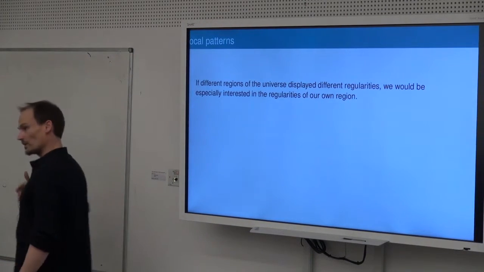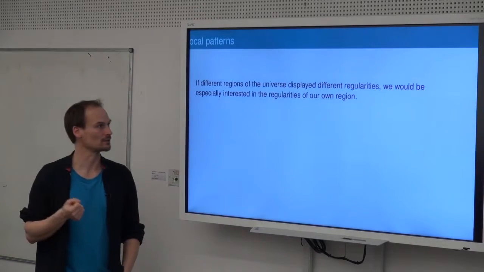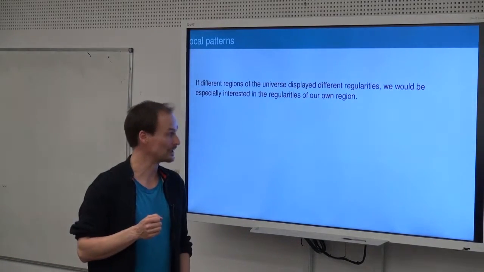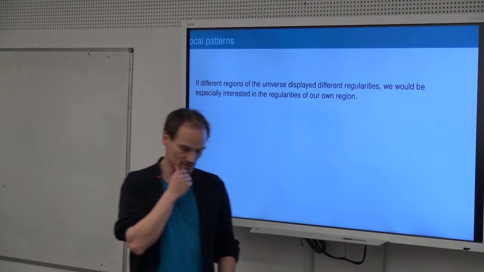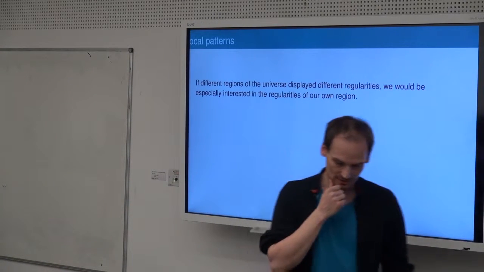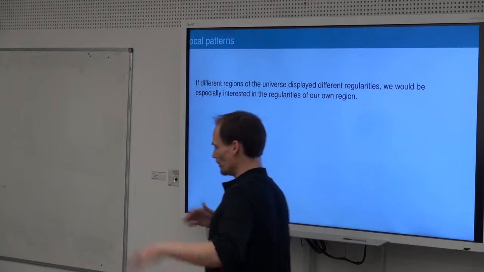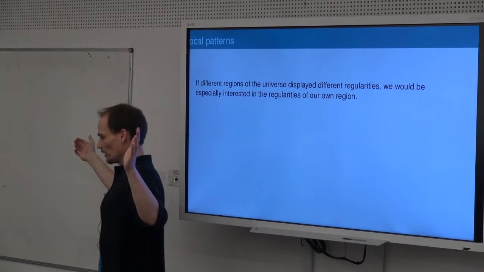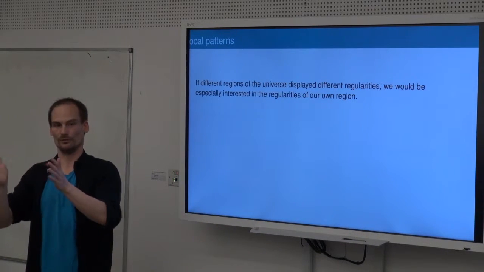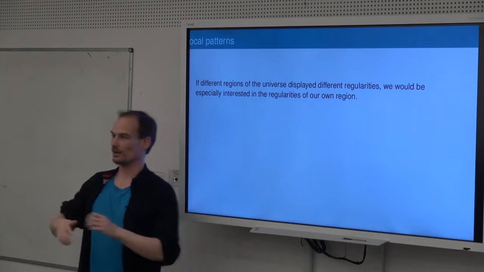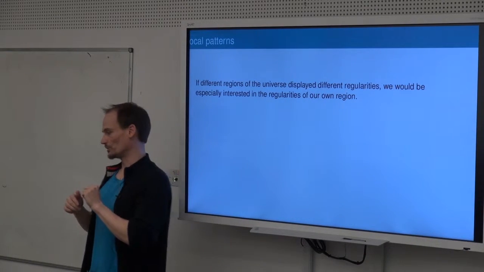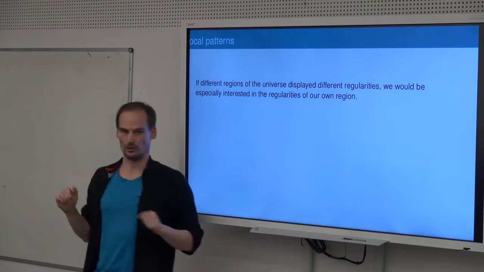Okay, but I think we can tweak the application of the Humean account. To motivate the tweak, imagine something else. Imagine, as some cosmologists think, that the universe does not only comprise what we think of as the universe, but there are also these other pockets of the universe where there are different worlds, as it were, with different laws.